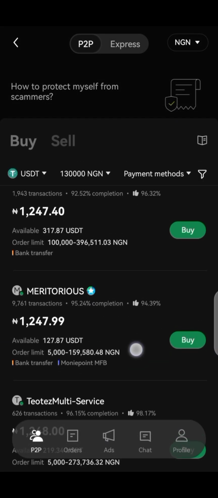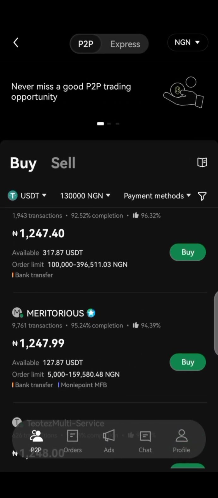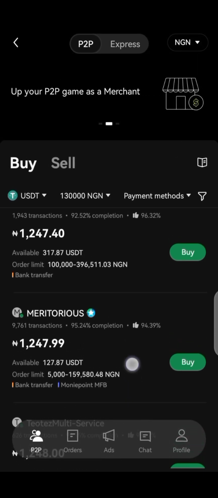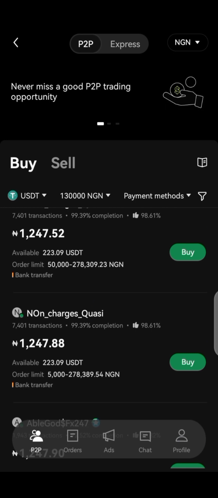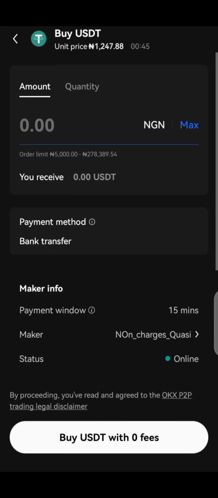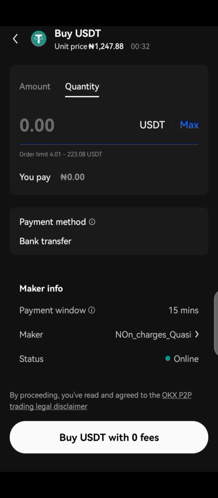This merchant is selling to you at the rate of 1247 naira. Then you are going to buy from this merchant right now. So this is how your interface will look. Let's include the quantity instead of the amount. Just click on the quantity here.